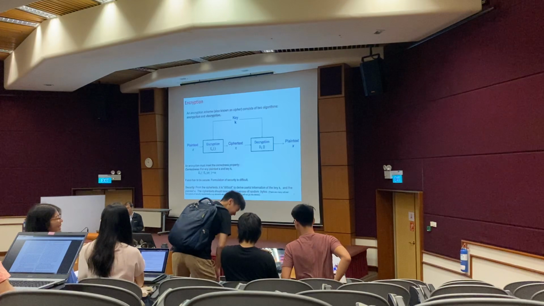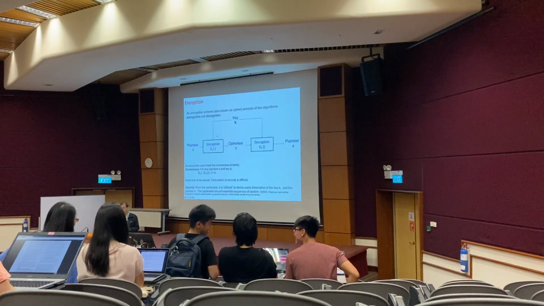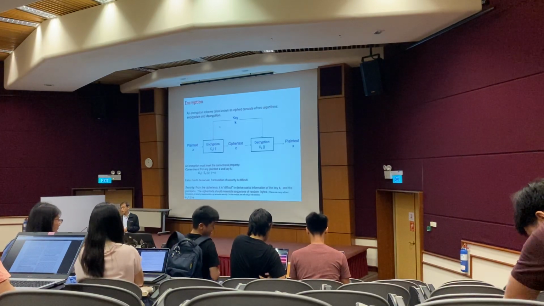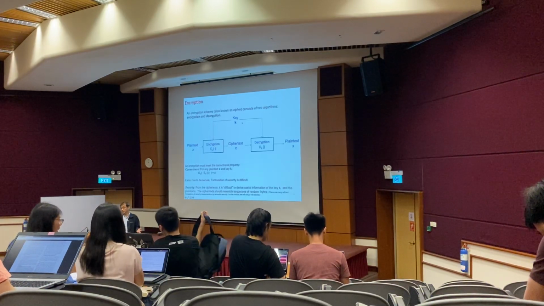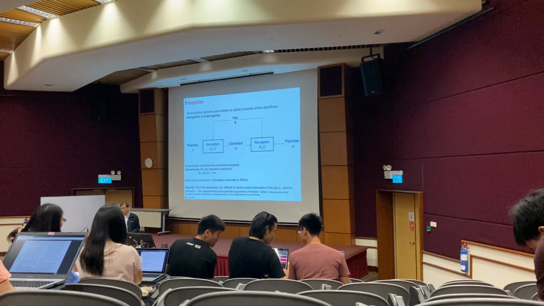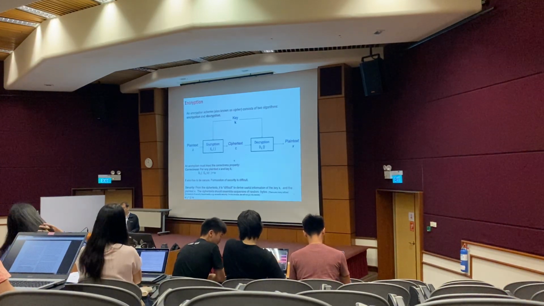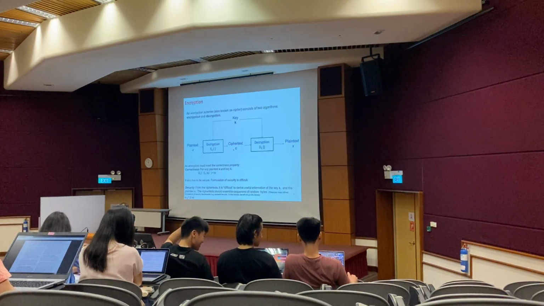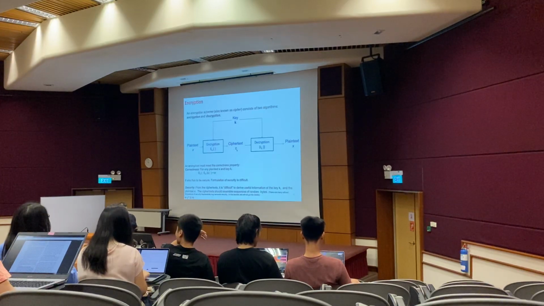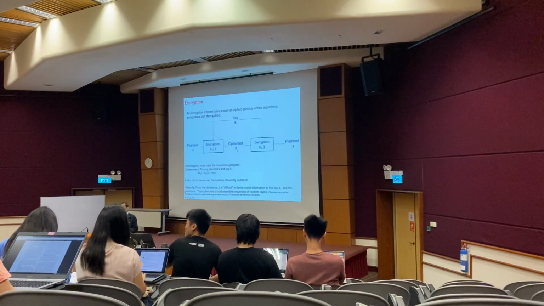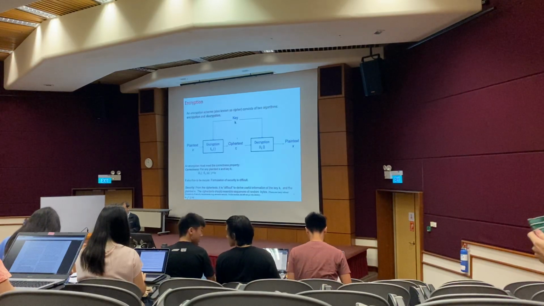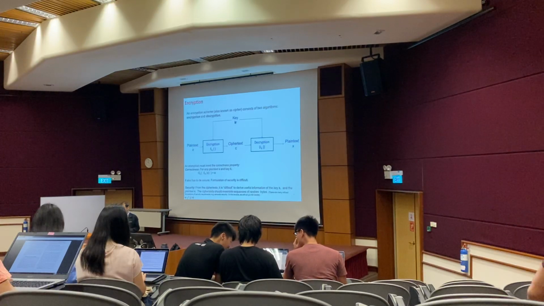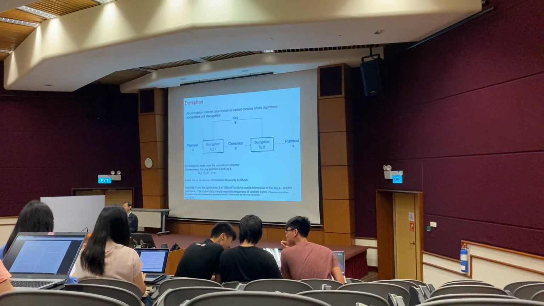The secret key is secret and has to be sent from the encryptor to the decryptor in a secure way through some means. But the eavesdropper, any attacker, may be able to sniff, S-N-I-F-F, or eavesdrop and obtain the ciphertext. So by this application, you can see we require the key to be short, and the ciphertext can be of arbitrary length.